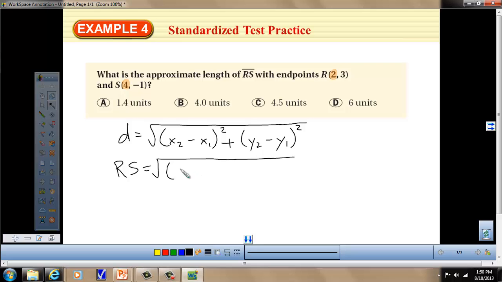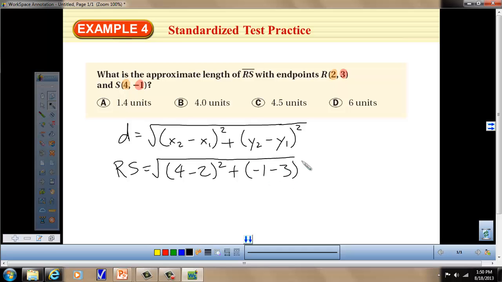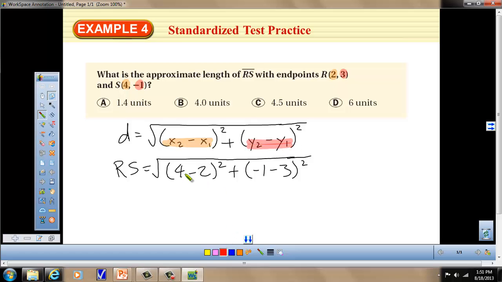So in this case, I'm going to do 4 minus 2 squared, and for the y's, and the y's are here and here, we're going to take -1 minus 3, and we're going to square that. So again, the two x coordinates are here, and the two y coordinates are here.